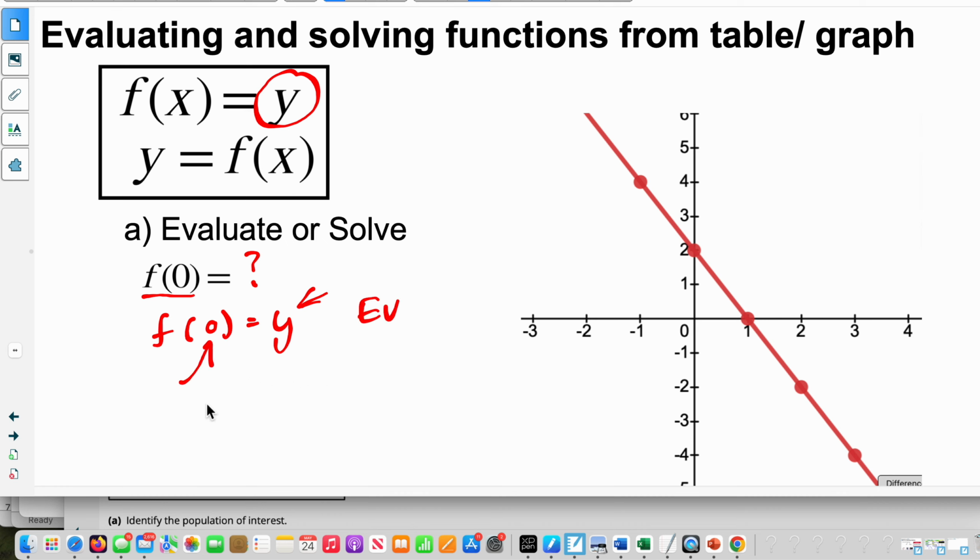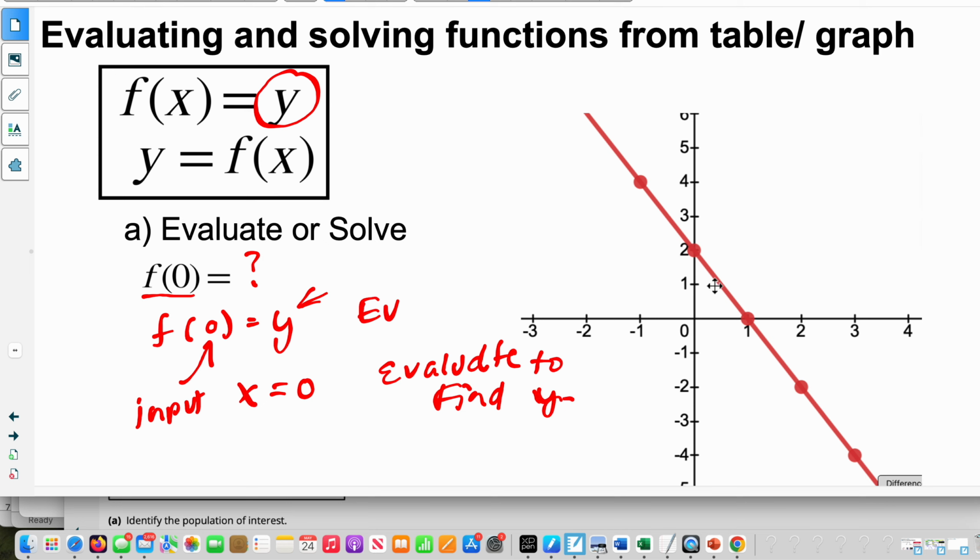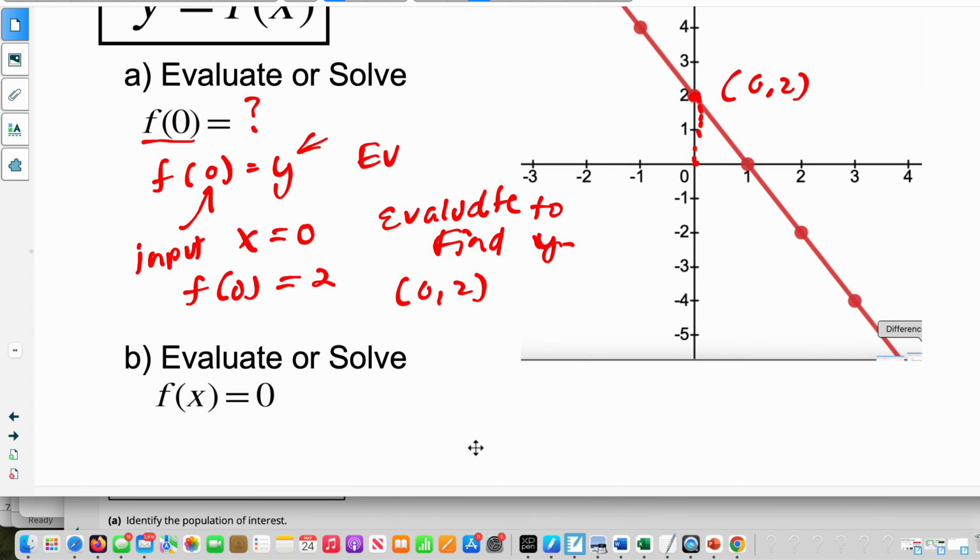I'm given the input, x equals 0, and I want to evaluate to find y. So I have my graph here. When I input 0, I'm going to travel up until I hit my function. 0, 2. So when I input 0, I output 2: (0, 2).